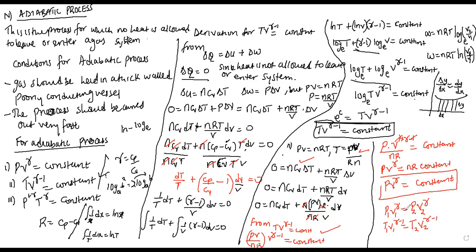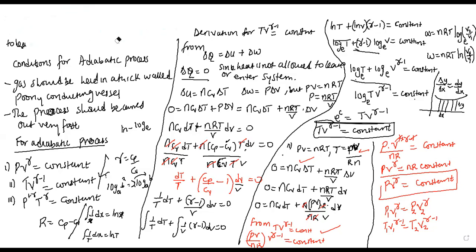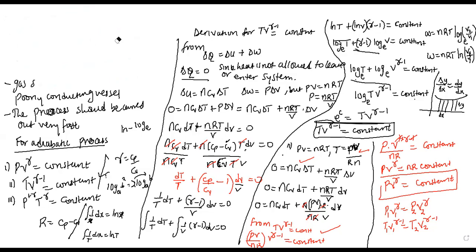Let us deduce the third one before we end the lesson. If I deduce the third one, then next time we shall start on calculations. But before we start calculations, I need you to internalize them and make them sink in your heads by deriving them again on your own.